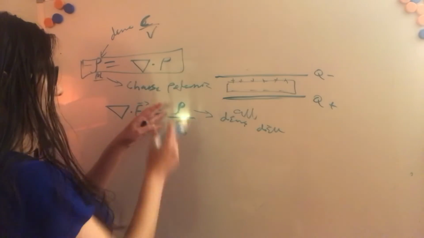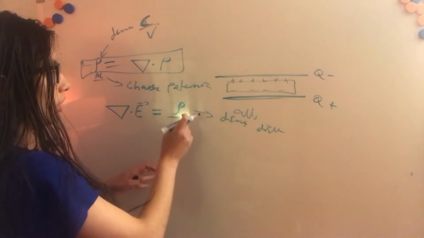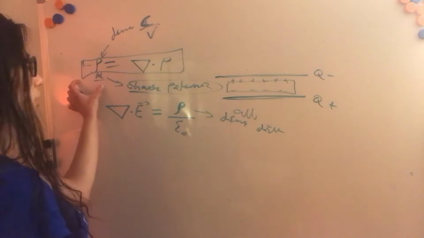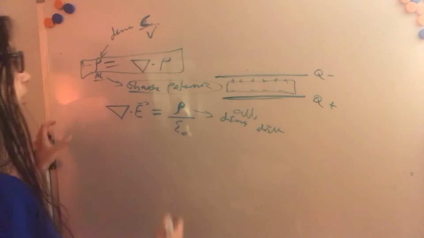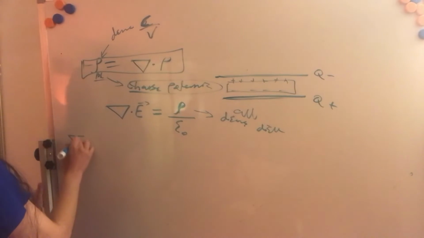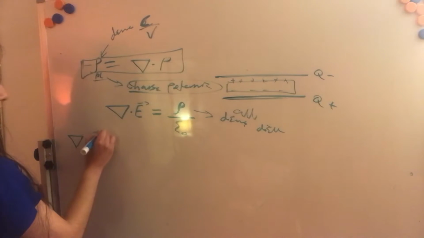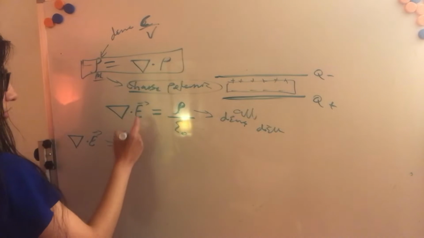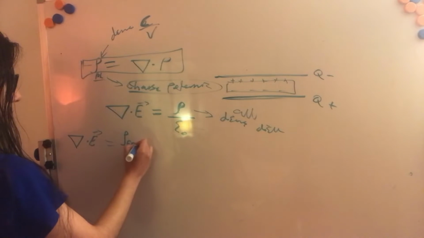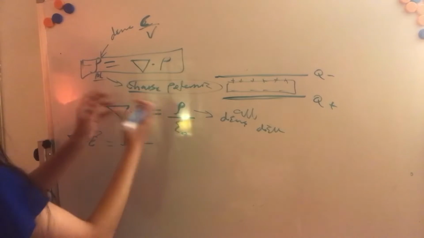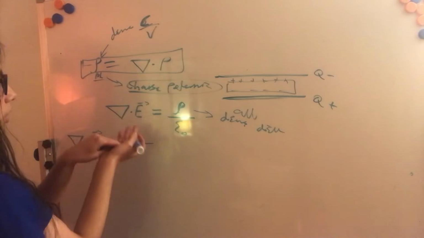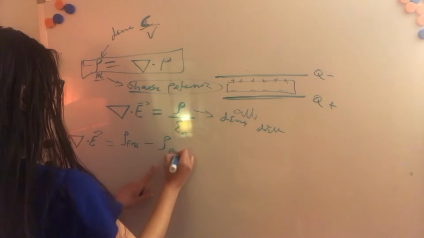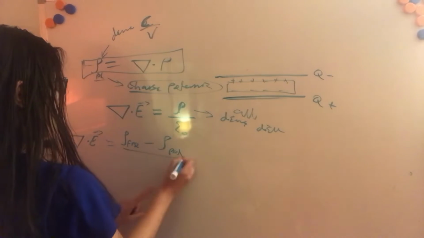But we will divide this into the density that is the polarized charge, and the rest. So we have that the divergence of the electric field is equal to, let's call it rho free, plus the density, but it has a negative sign, so minus the charge polarization, divided by epsilon naught.